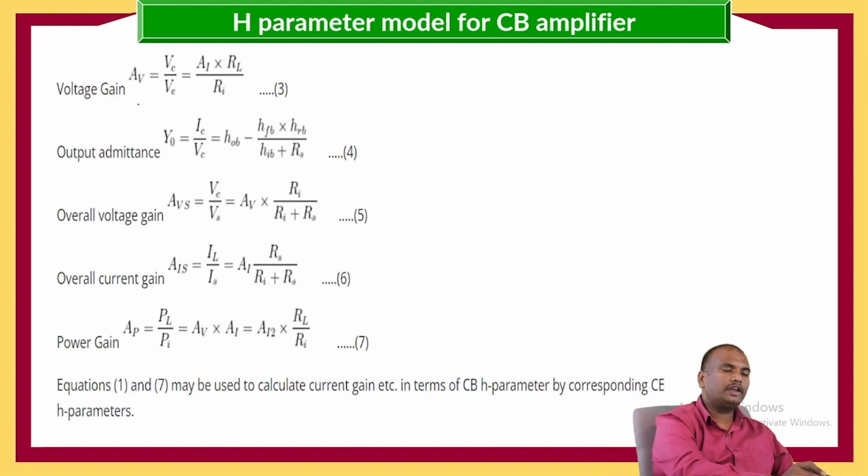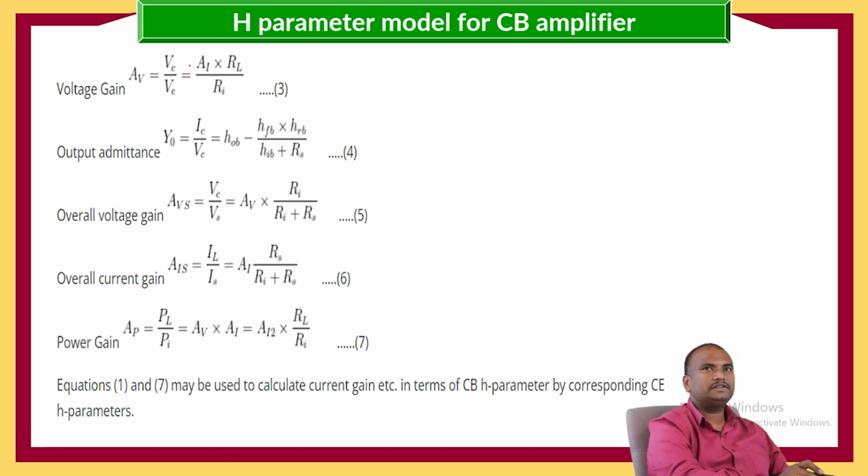Here the voltage gain is AV, that is VC by VE, where VC is the output voltage, that is equal to AI into RL by RI, and output admittance is Y0, that is IC by VC, which is equal to HOB minus HFB into HRB by HIB plus RS.